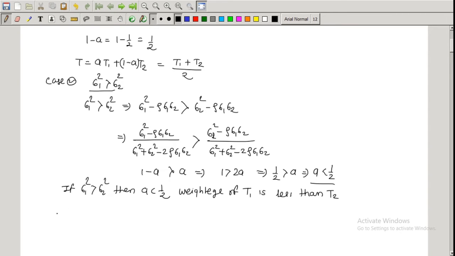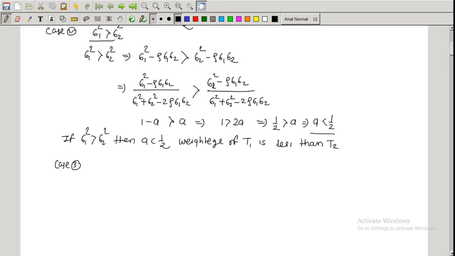In case 3, the reverse: sigma 1 square is less than sigma 2 square. The same procedure applies here also. First you subtract, so you get sigma 1 square minus rho sigma 1 sigma 2, which is less than sigma 2 square minus rho sigma 1 sigma 2. After that, divide both sides by sigma 1 square plus sigma 2 square minus 2 times rho sigma 1 sigma 2.